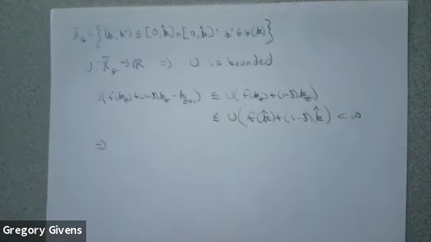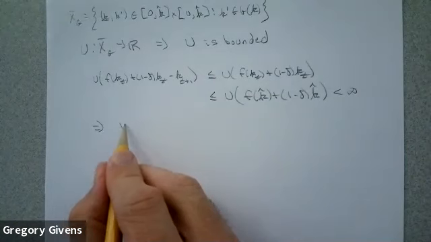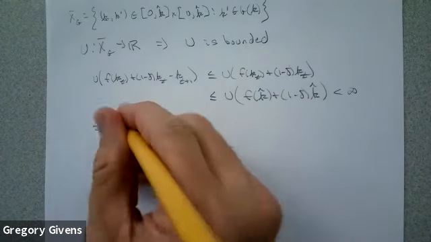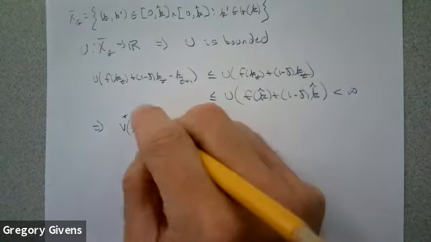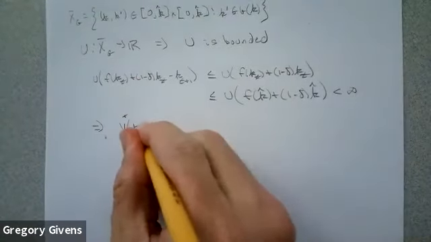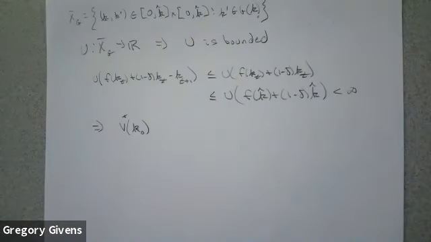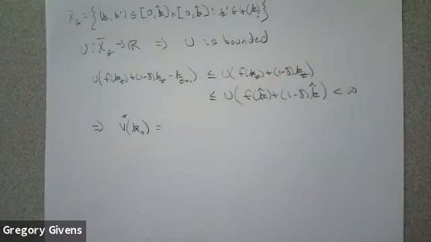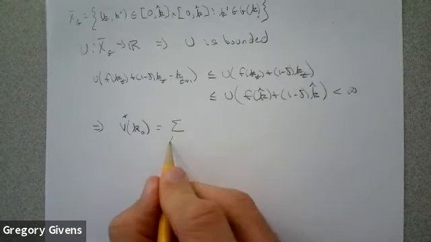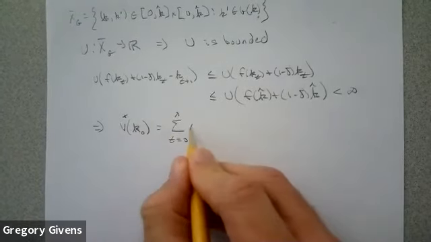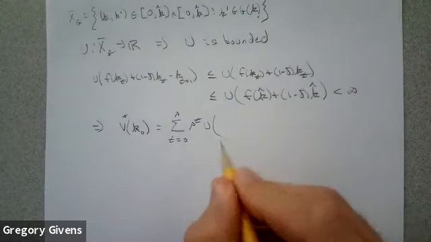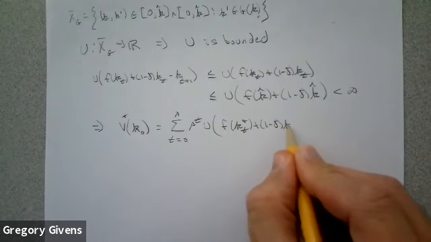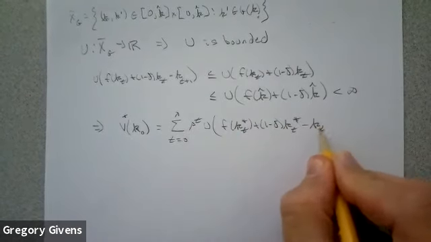This implies then that v star of k0, let's say, the value function that solves the sequence problem, is going to be equal to the sum from 0 to infinity, beta to the t, u of f kt star plus 1 minus delta kt star minus kt plus 1 star.